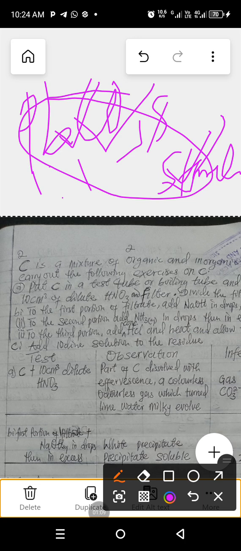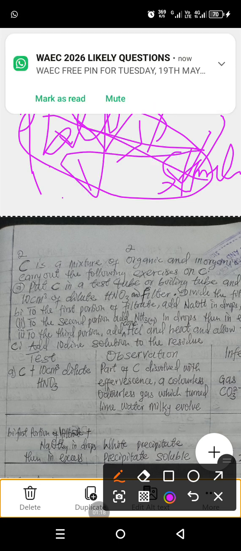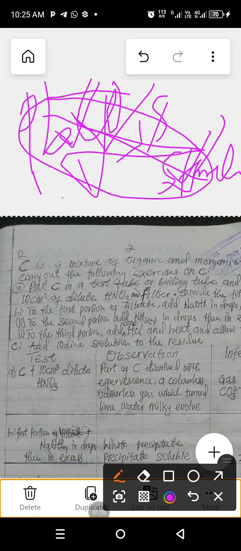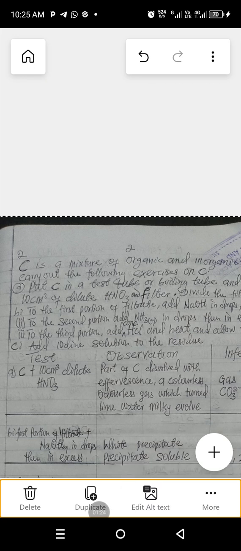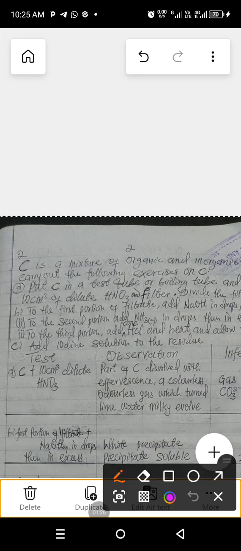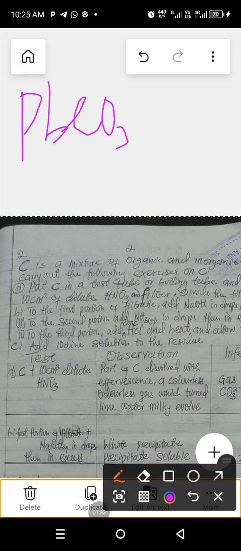Therefore, by exam pattern, it will be difficult for the examiner to ask you to dissolve this using distilled water, since they are insoluble. You may not be able to dissolve using water. So, if for whatever reason you are told to dissolve using water, lead carbonate is sparingly soluble, whereas starch is insoluble. So that means you might be having traces in the filtrate.